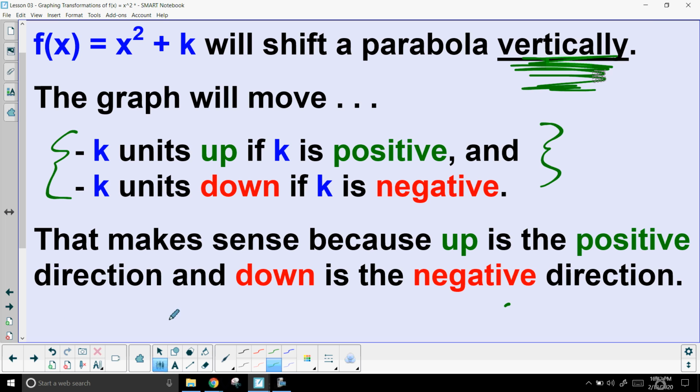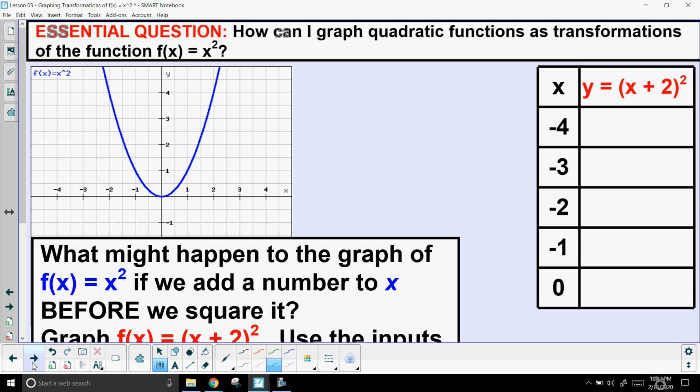All right, notice now we have something different. We have x plus 2, and we have parentheses, and all of this is being squared. So if you were to plug in -4, again, I picked these x's for a reason. You'll see why in a second.